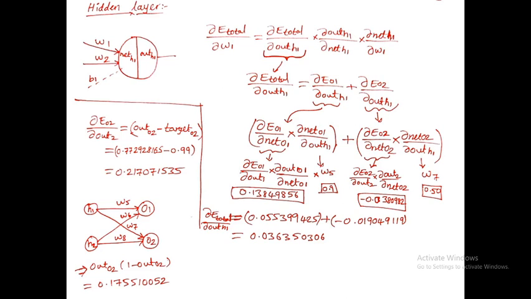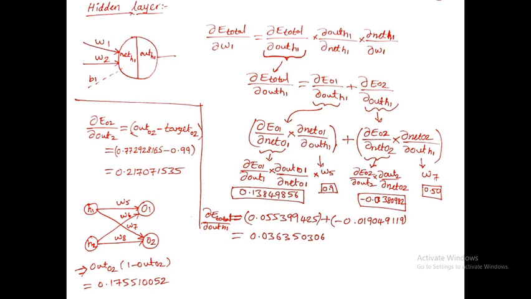O1 and O2 are the output neurons, right? ∂E_total/∂out_H1 is equal to, I am splitting into 2 terms, that is ∂E_O1/∂out_H1 plus ∂E_O2/∂out_H1. The denominator is the same, only the numerator will be the addition of the 2 errors at the O1 and O2 neurons.